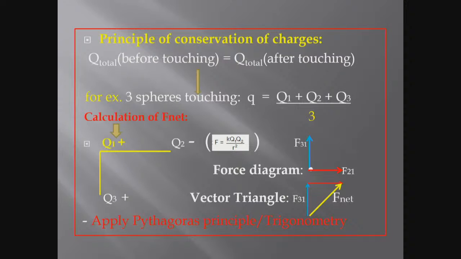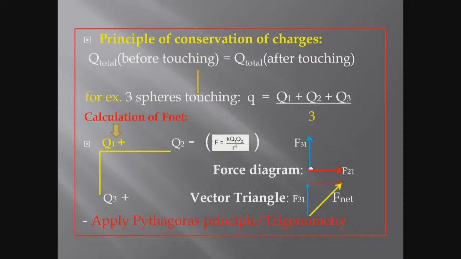So for instance here I've used F31 indicated there, and then I take F21 and I put it to the head of the first vector, and then I close my triangle by completing the vector, the force F net.